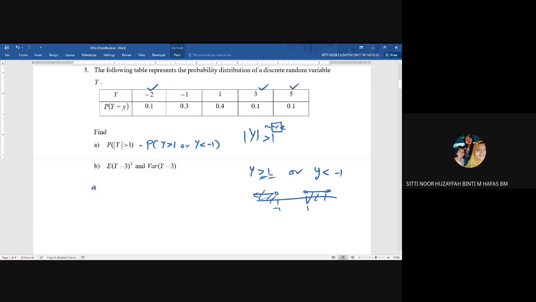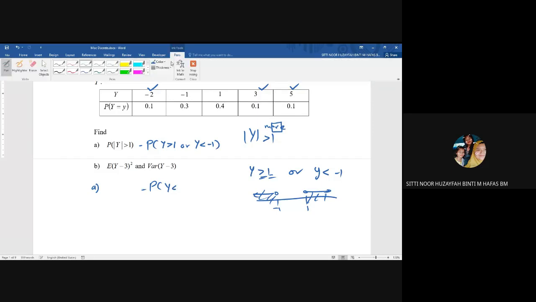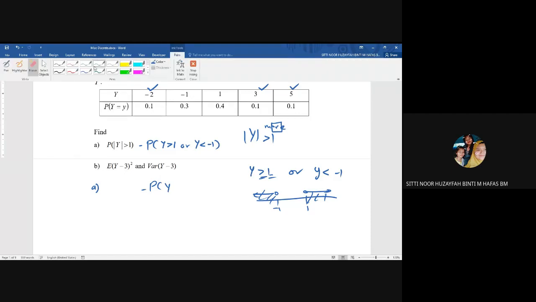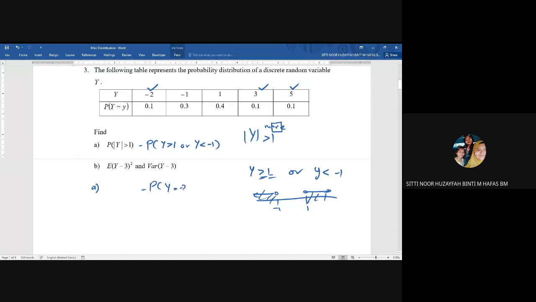So the probability that we want to find is equal to the probability of y equal to -2, plus the probability of y equal to 3, plus the probability of y equal to 5.